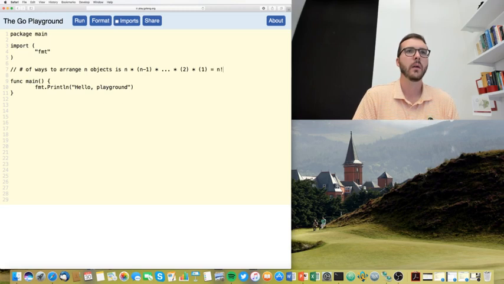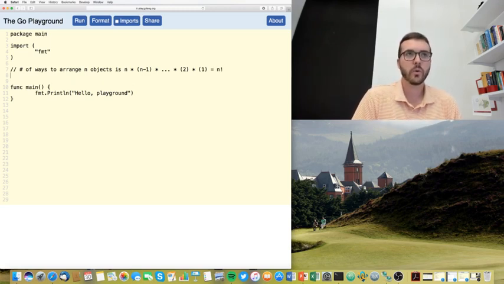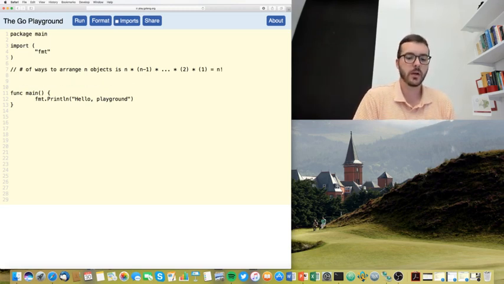Okay, so you probably wrote a function, I hope you did, called factorial that would take an integer n, and we could make it take a uint as well and return a uint.